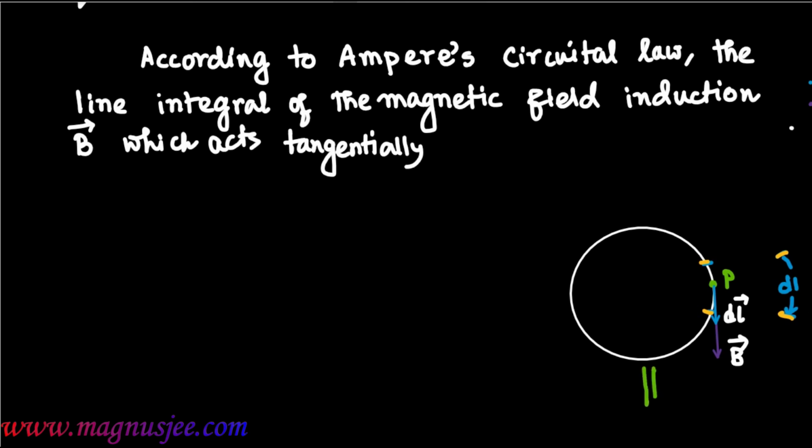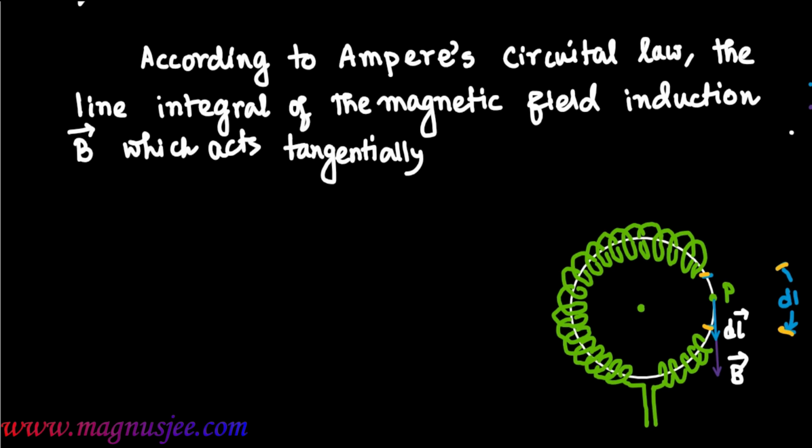The wire is wound in this way, that means a solenoid is bent in the form of a ring. This is R, or radius of the toroid, and O is the center of the toroid.